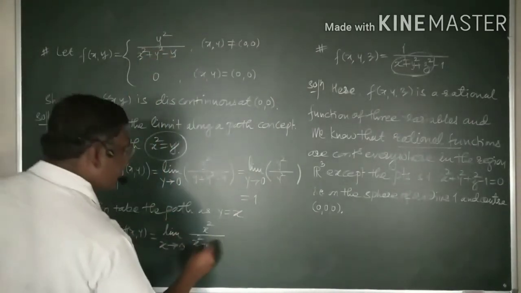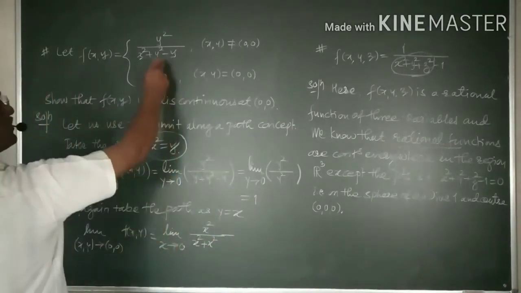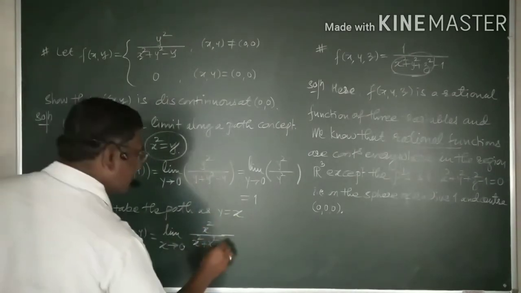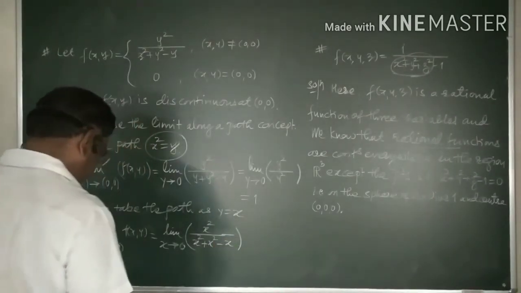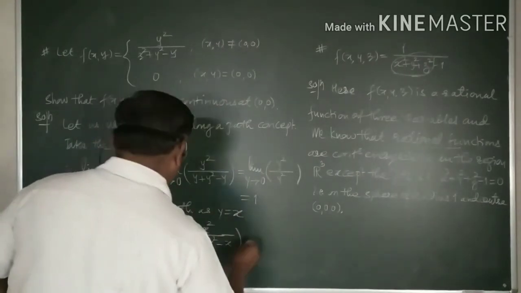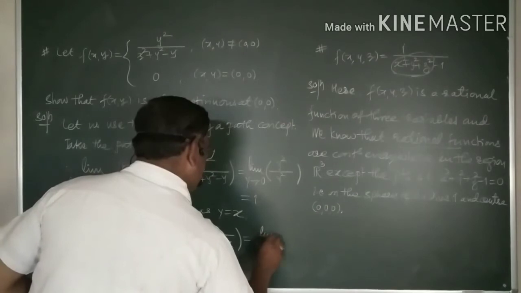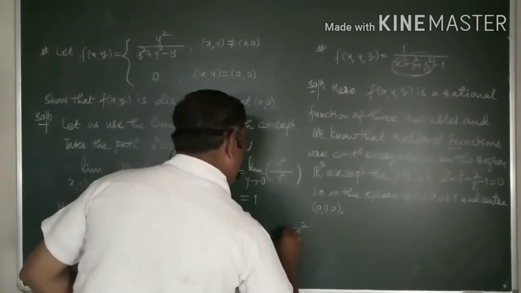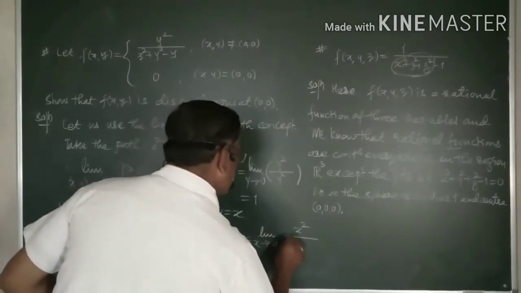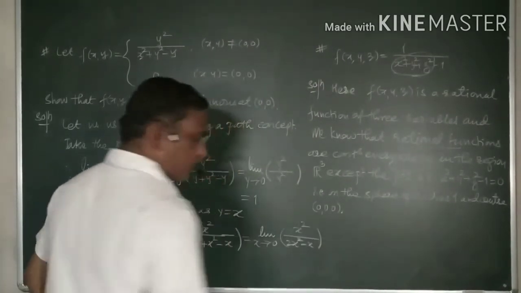Therefore, y square is x square. And again, minus y, but y is x. Well, this is equal to further limit x tends to 0 of x square upon 2x square minus x.